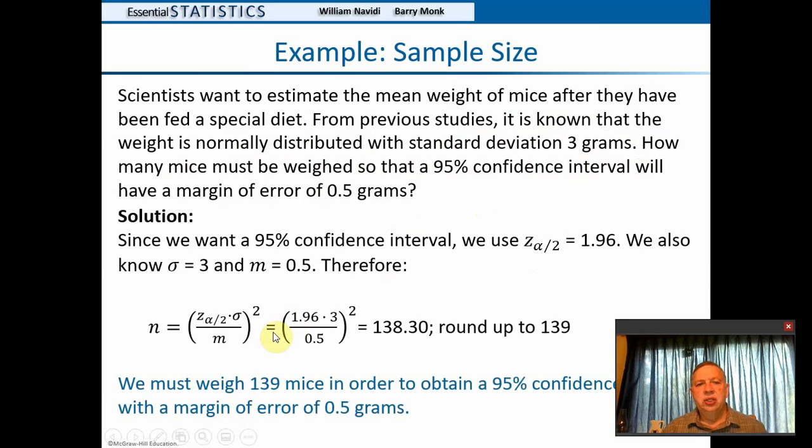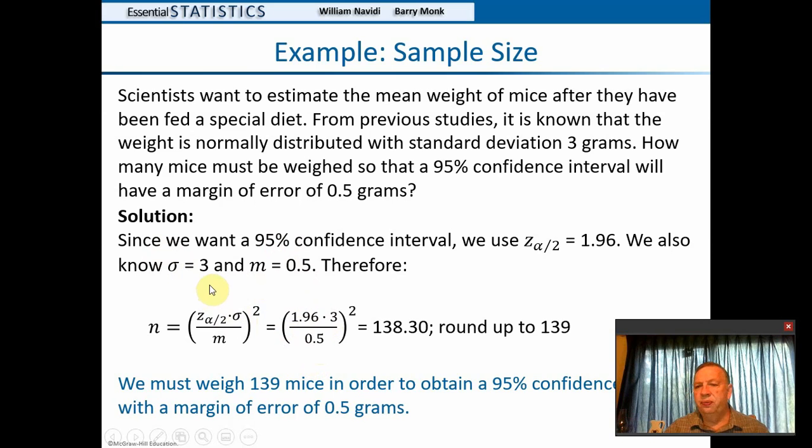Okay. So here's our formula. We need 95% confidence, so we go look at our table or do an inverse to get our critical value. That's the 1.96 for 95% confidence. The margin of error I want is 0.5. The sigma was 3.